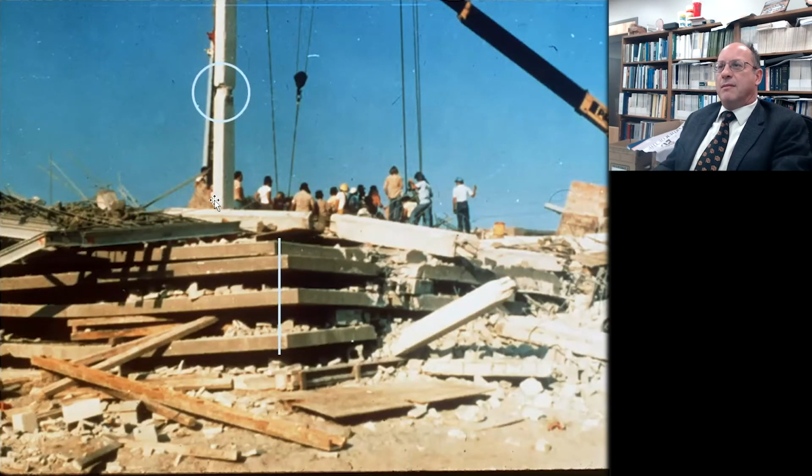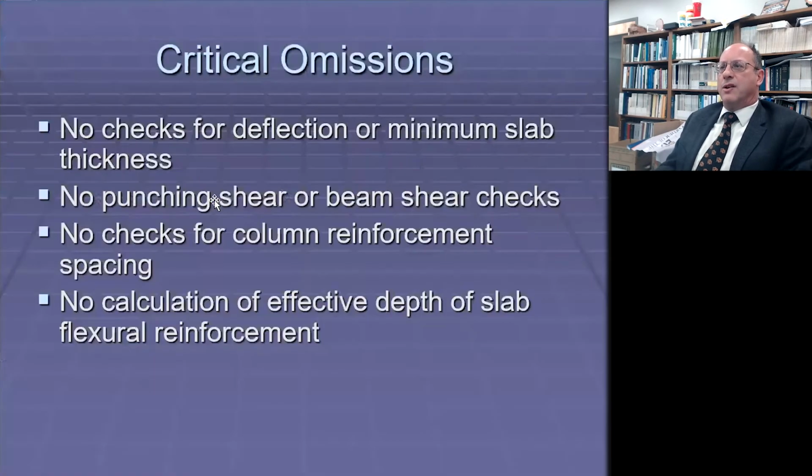Well, as it turns out, just about everything that you can do wrong. The slabs were very thin, and in part that was there were no checks made for deflection or minimum slab thickness. There were, in fact, no checks made in the file for the punching shear.